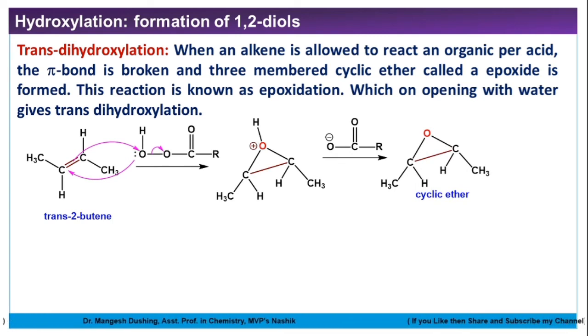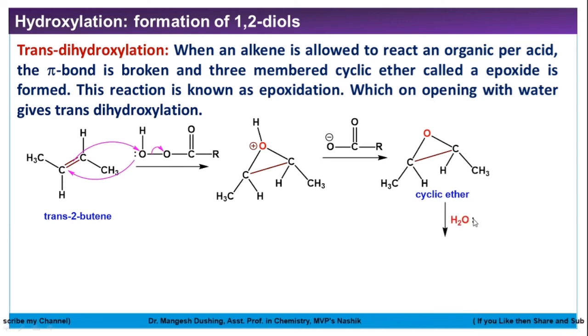So this is called a cyclic ether, that is, an epoxide. A cyclic three-membered ring containing oxygen is called a cyclic ether or epoxide. Ether, you know, ROR, that's why this is called a cyclic ether, and this particular functional group is called an epoxide. Epoxide means a three-membered ring with oxygen.